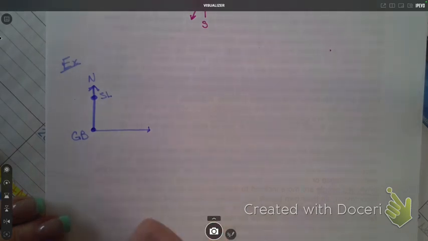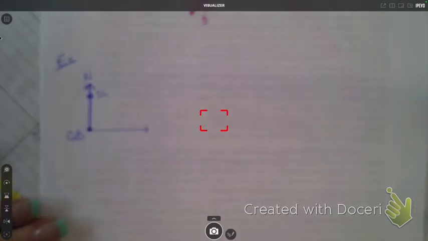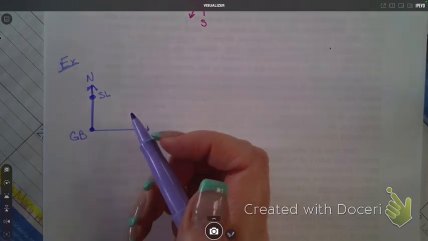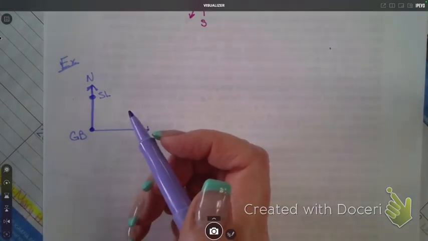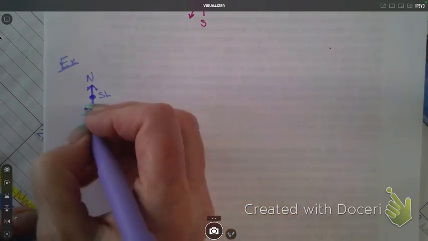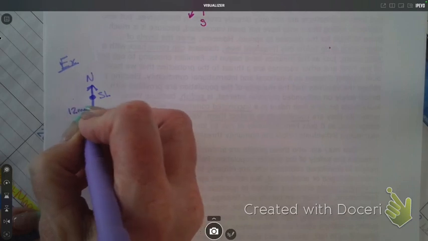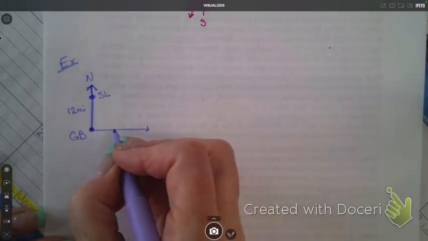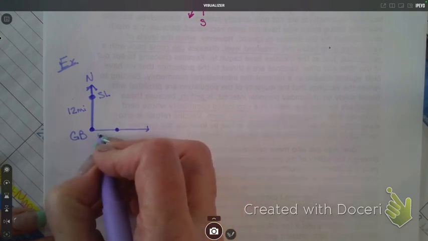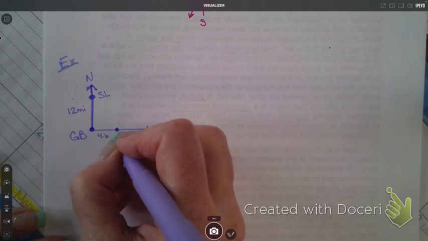So it says Arroyo Grande is 4.6 miles due east. Well, if this is 12 miles, it doesn't have to be exact, but 4.6 should not be as far as 12, right? So 4.6, and this was Arroyo Grande.